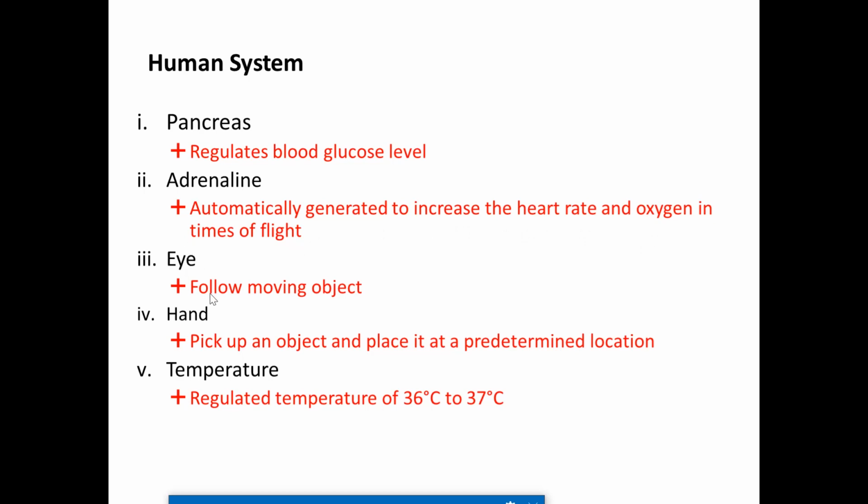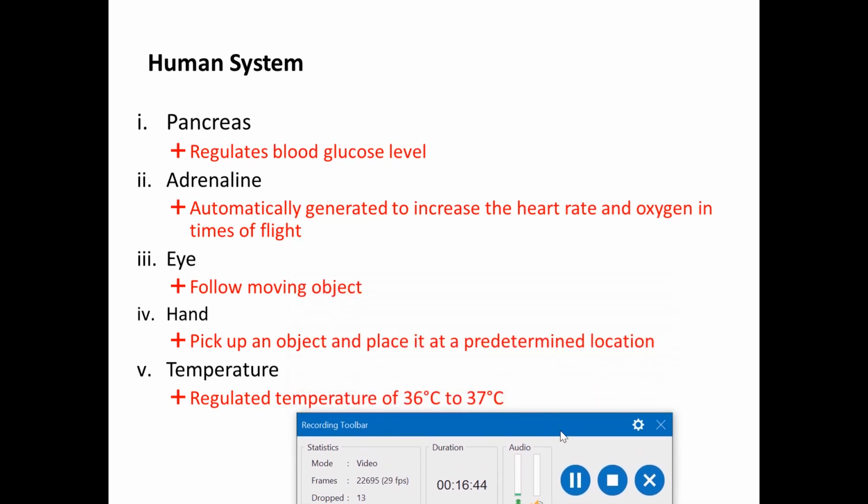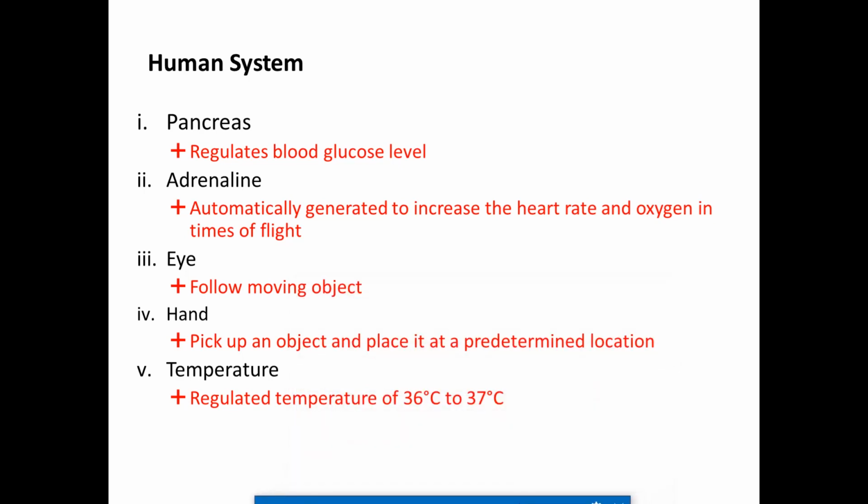And eyes are a control system, following a moving object. And hands are there to pick up an object and place it in a predetermined location. And temperature is regulated: the temperature for a human body is regulated at 36 to 37 degrees Celsius. That is also a control system in the human system.